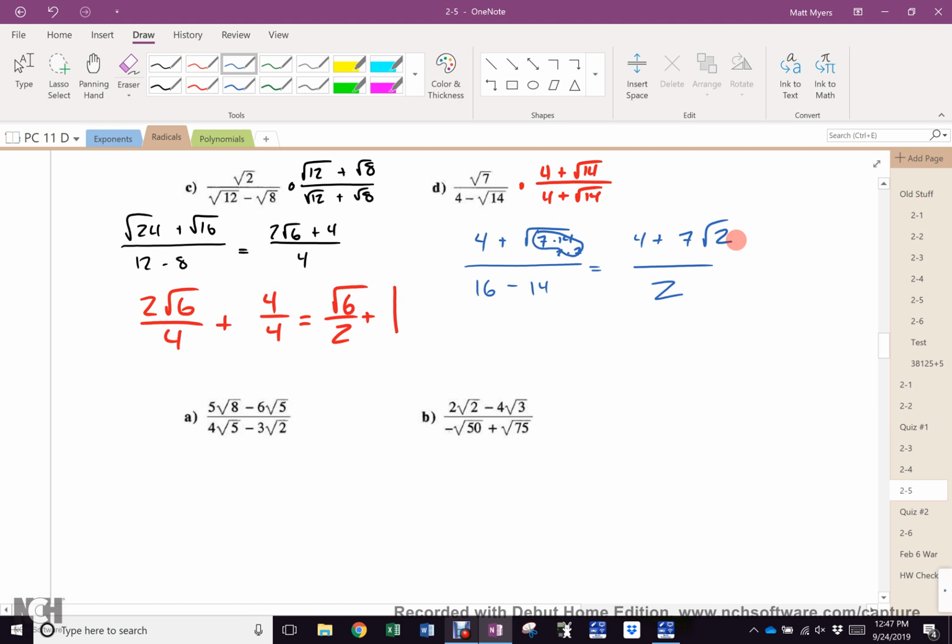Now, a great many of you are going to want to do something here. You can't. It is 4 over 2 plus root 7, plus 7 root 2 over 2. This doesn't cancel. This becomes 2 plus 7 root 2 over 2.